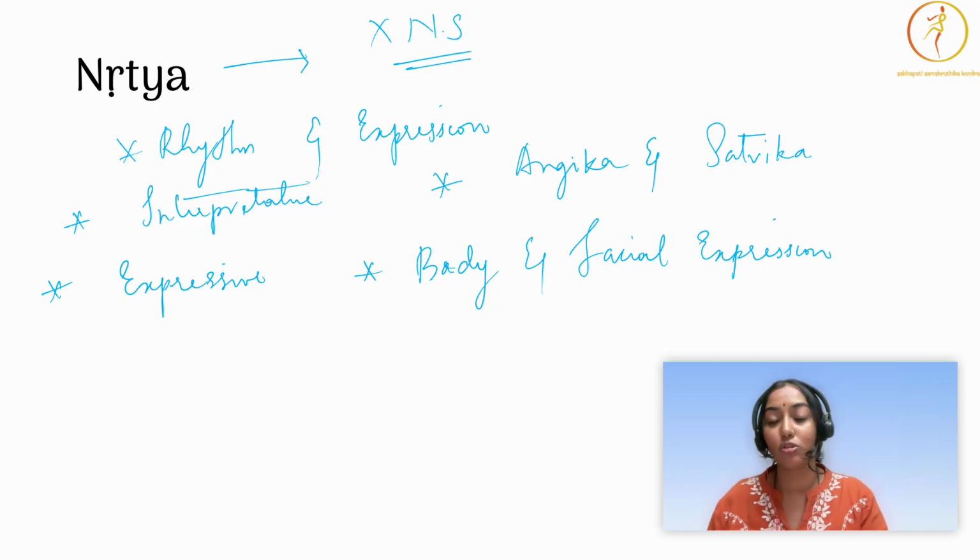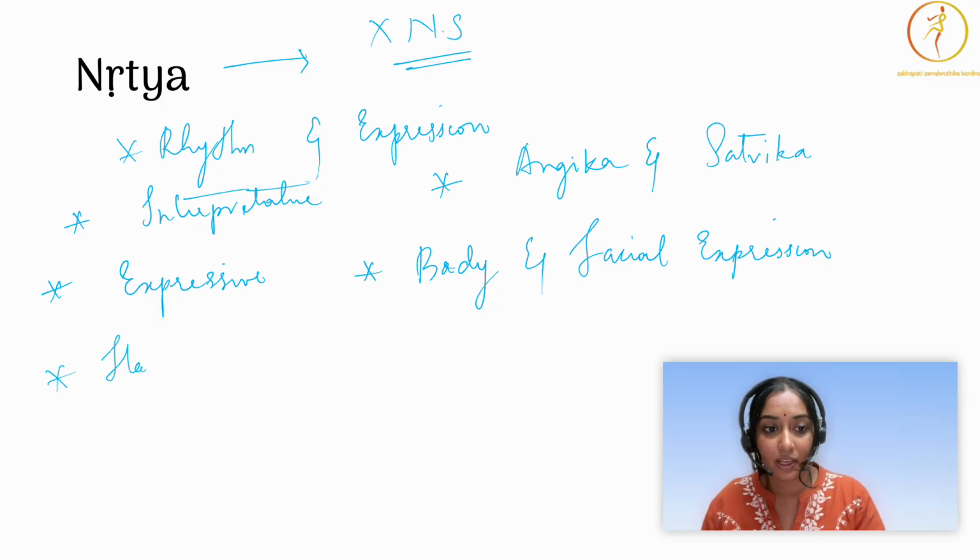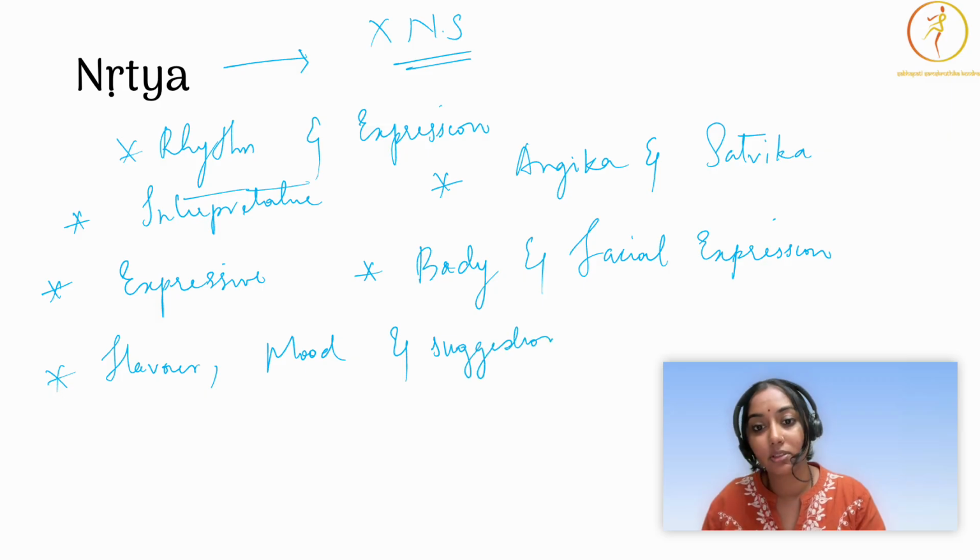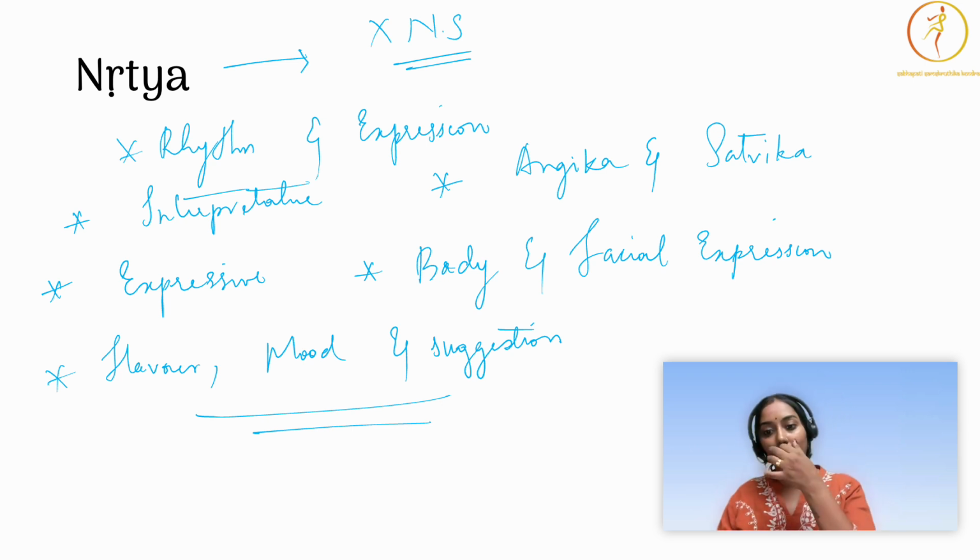Later scholars have also given definitions, which I am reading. Nritya is the form of dance which possesses flavor, mood and suggestion. Rasa, bhava, vyanjana. I thought suggestion is dhvani, but this was a translation of what was told by later scholars.